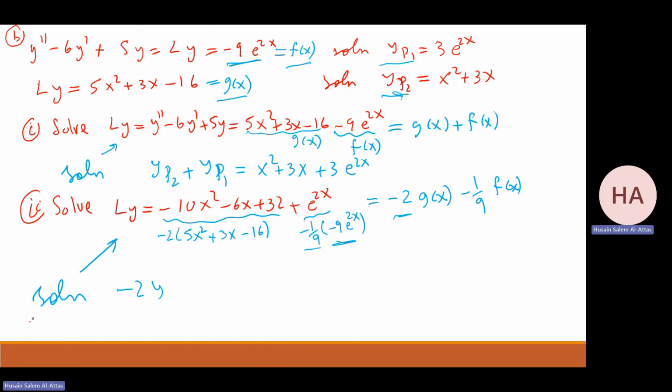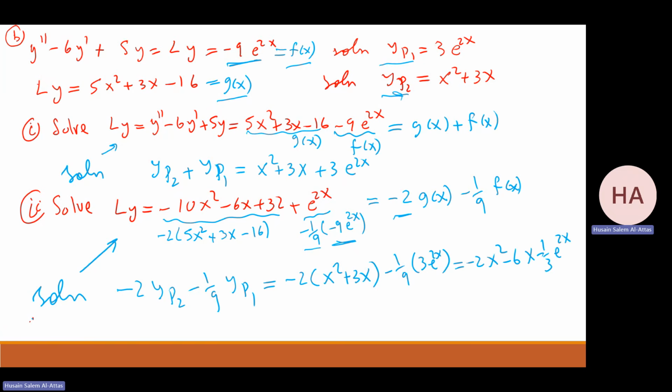So minus 2 yp2 minus 1/9 yp1. And now just do the calculation. It will be minus 2 times (x squared plus 3x) minus 1/9 times 3e to x. And that gives me what? Minus 2x squared minus 6x minus 1/3 e to x.